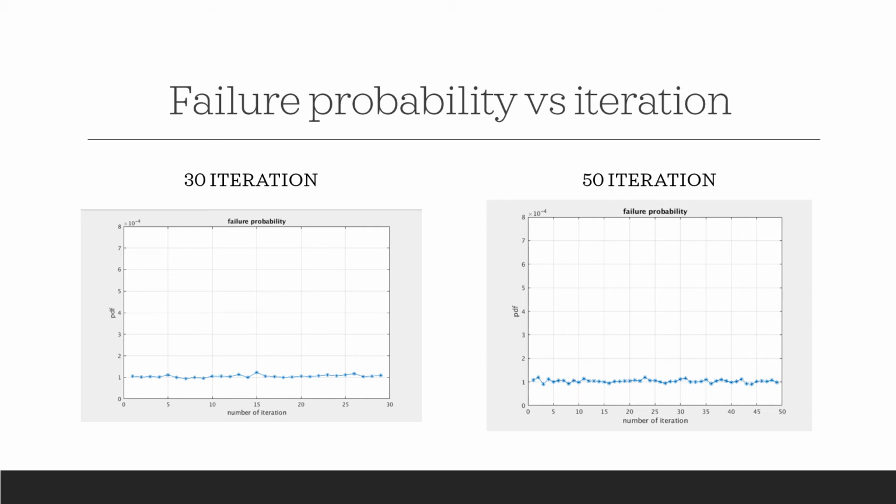The trend is that as I run as many iterations as I can, the value of the estimated failure probability gets closer to 0.01%. In other words, as the iterations go to infinity, the estimated failure probability is infinitely close to 0.01%.